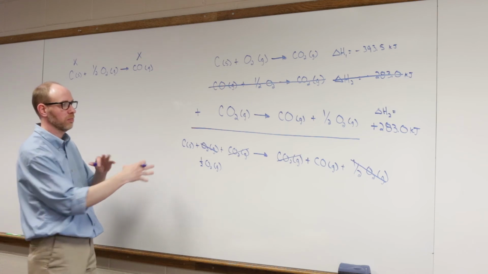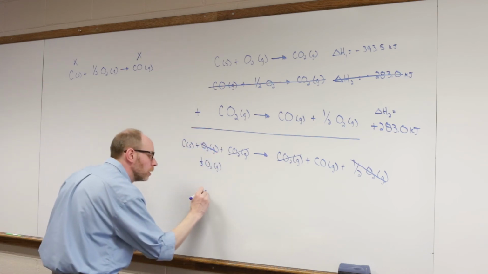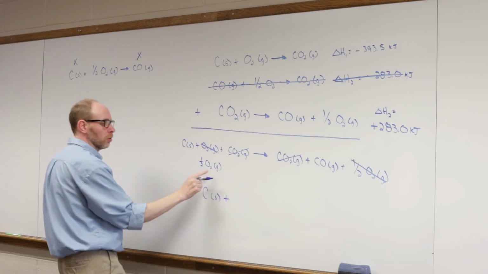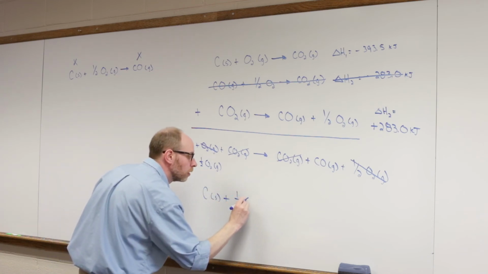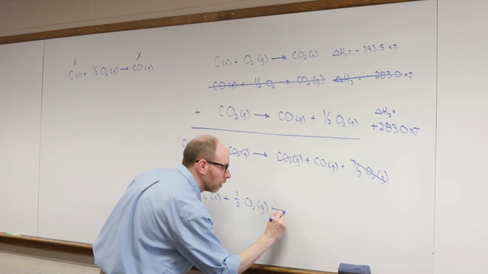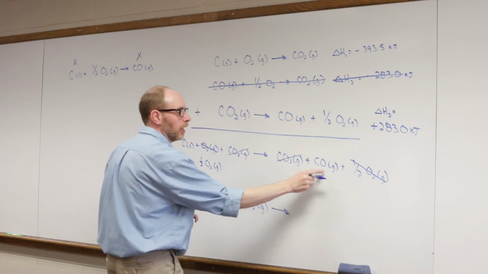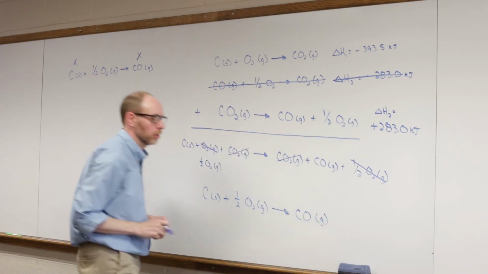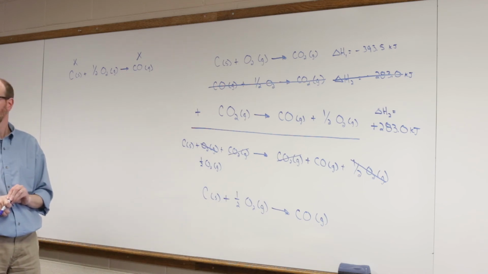So what am I left with? Let's just rewrite everything. Carbon as a solid plus 1/2 oxygen as a gas. I've got my reaction arrow, and I've got carbon monoxide as a gas.